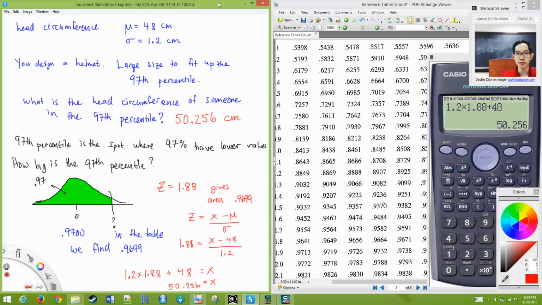Okay, so let's try an example for you to solve on your own. Okay, so we will say verbal SAT has mean 500 and standard deviation equal to 100.